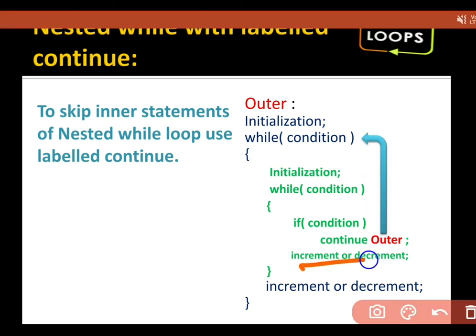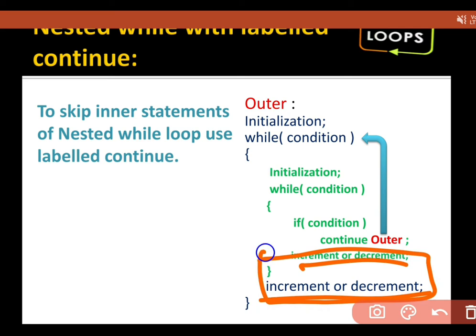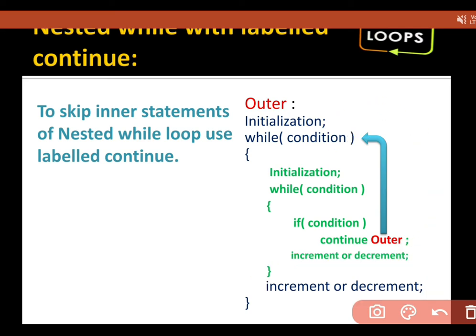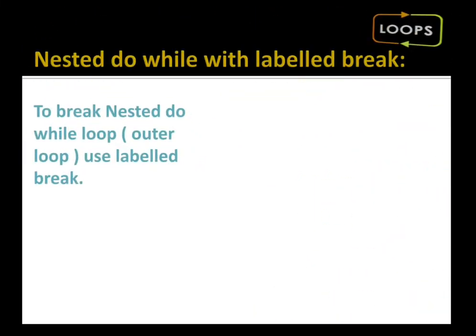Whatever is written after continue outer is skipped, and it moves towards the while condition. In some questions it is required to do all these things, then you have to use labeled continue and labeled break.